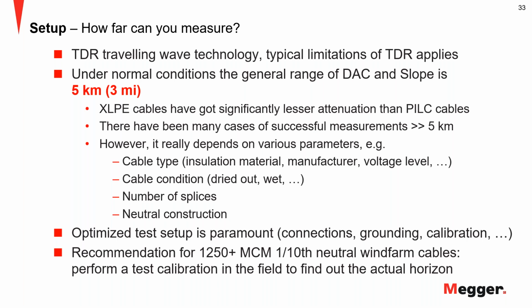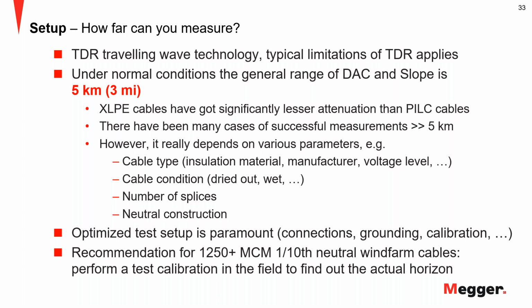So it really depends. PILC cable, with paper insulation, typically has a much higher attenuation, so you typically see much further on XLPE cables than on PILC cables. Moisture in the cable can affect that.